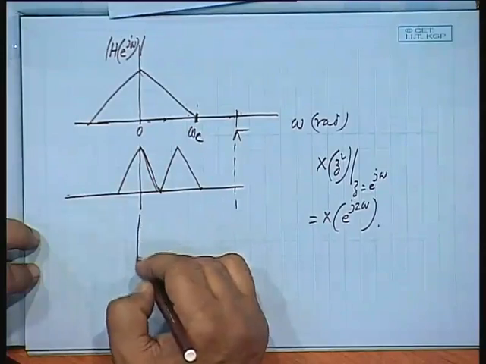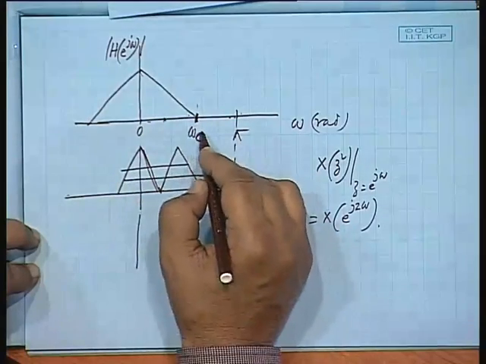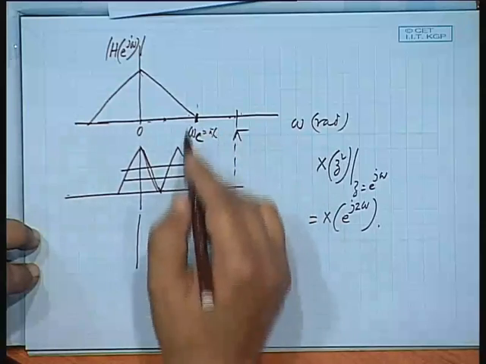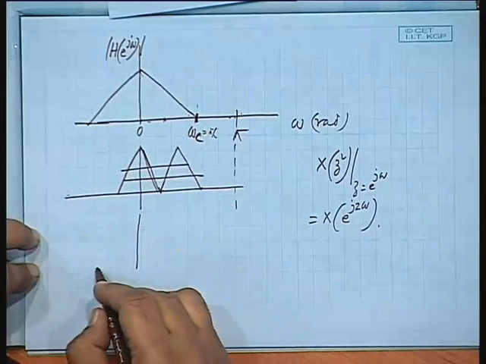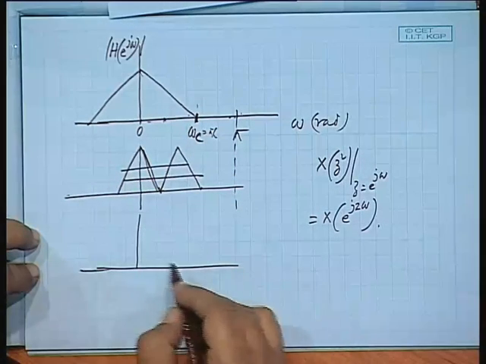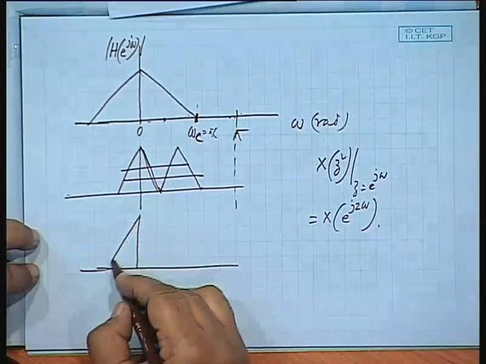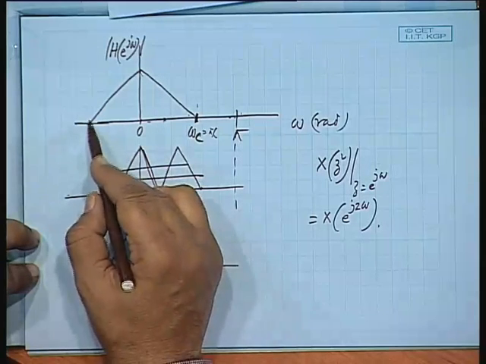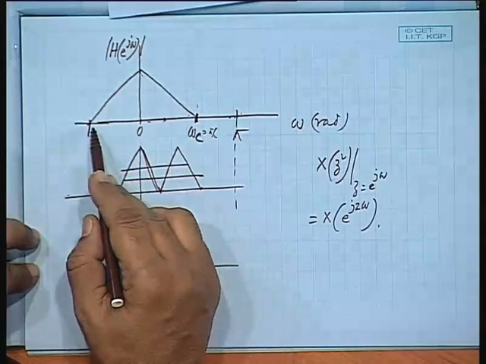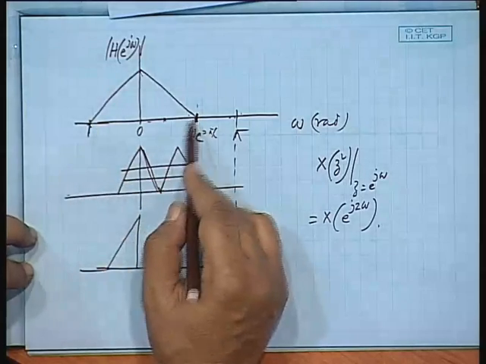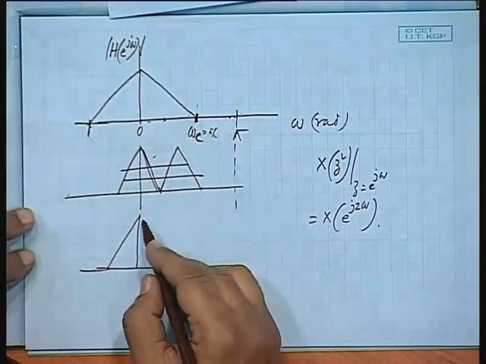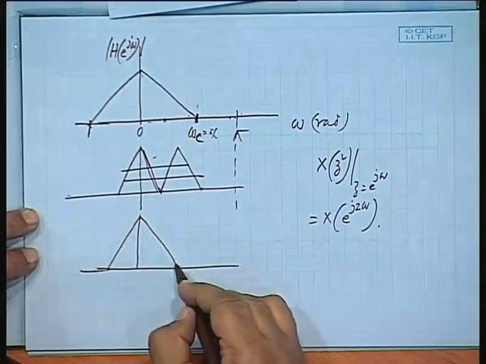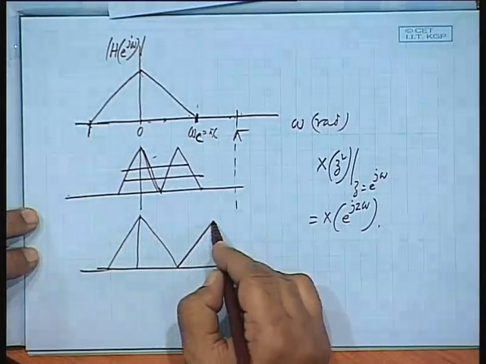So let me take this as pi by 2. Half of this base, basically this is from minus pi by 2 to plus pi by 2. So, this is pi. It will be somewhat like this.